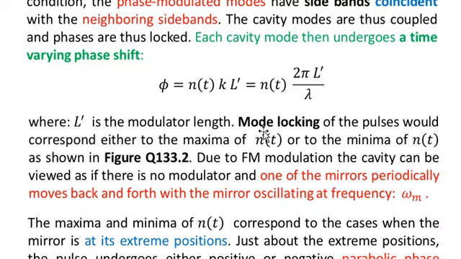That is, either you consider the FM modulator to be present close to one of the cavity mirrors, or equivalently, you can assume that the FM modulator is not present, but one of the cavity mirrors is periodically oscillating back and forth towards the second mirror with an oscillating frequency omega m, and omega m is equal to delta omega.